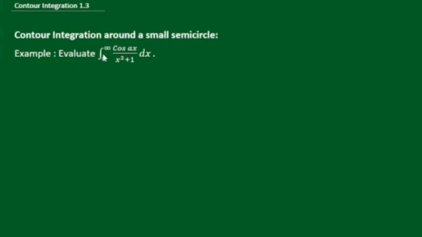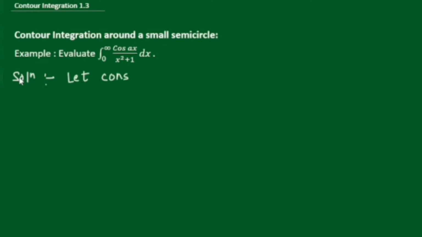Evaluate integral from 0 to infinite cos ax divided by x square plus 1 dx. So see the solution now. I suggest you to watch my previous video lecture on the same topic for better understanding.